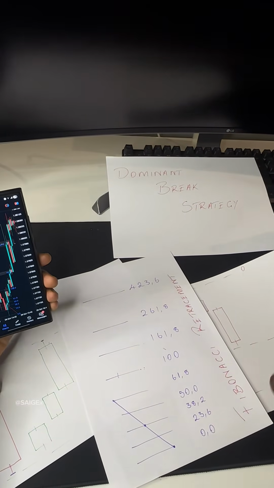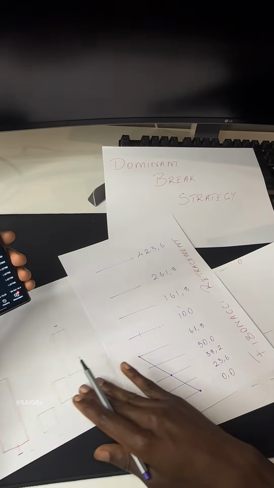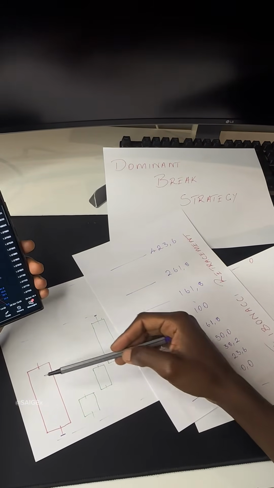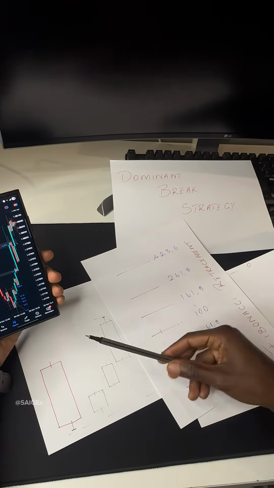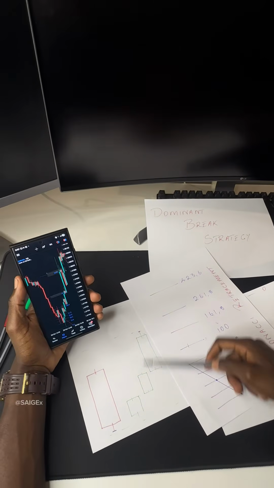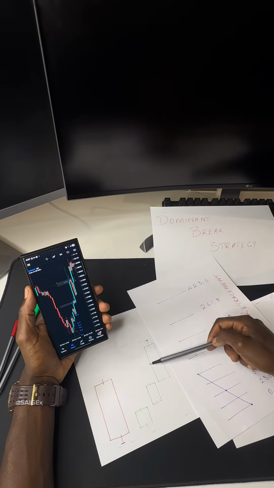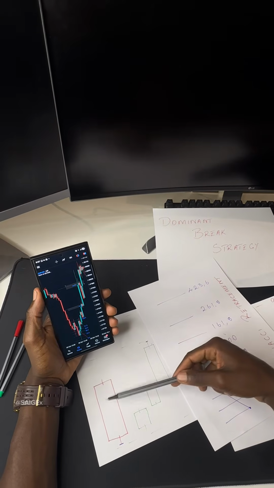And we use it to understand our entry and our take profit, and then we understand that we have 3 candles which surpass the big one to make it a dominant break strategy, because it's in the name, dominant break. The dominant candle has been broken by the 3 candles, meaning these ones are more in power, as they break out of this one.